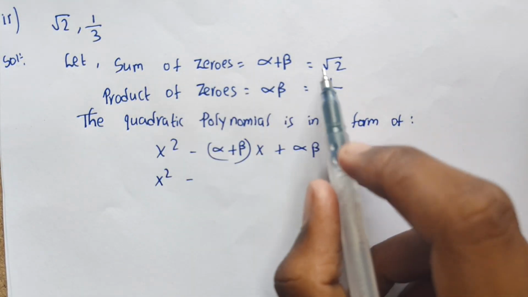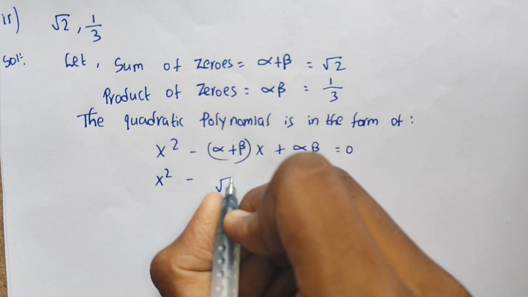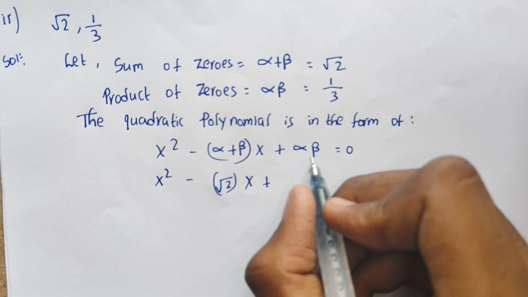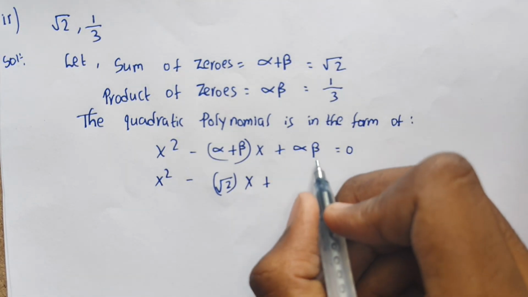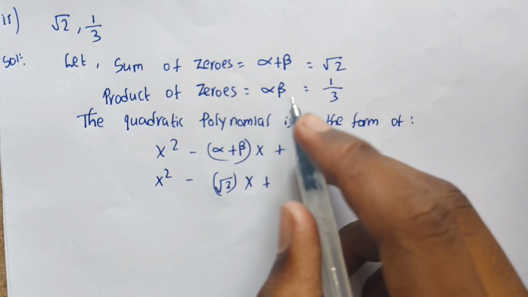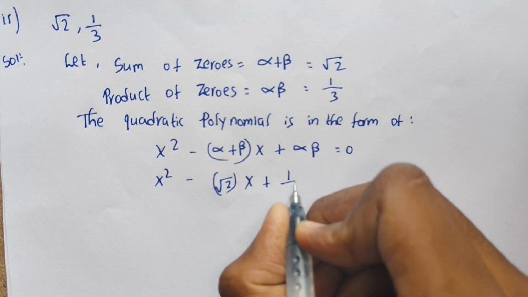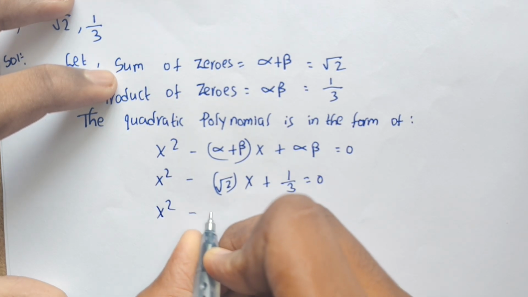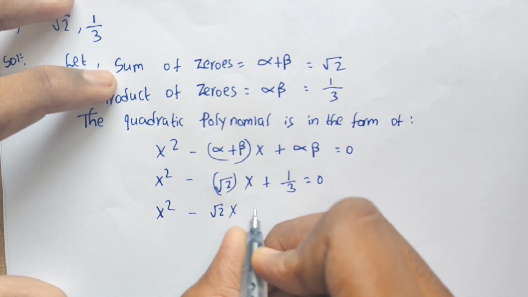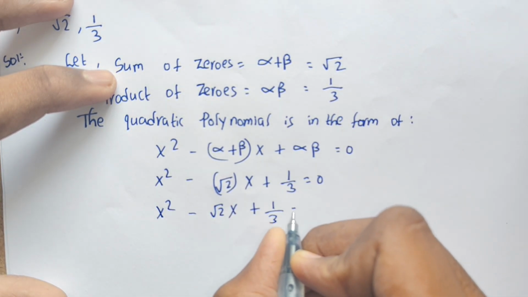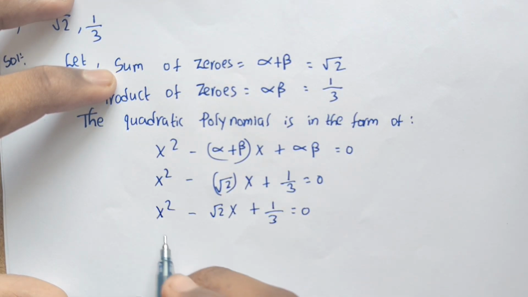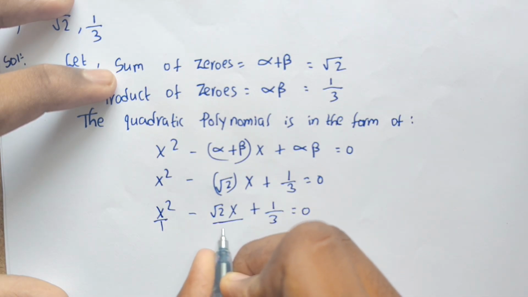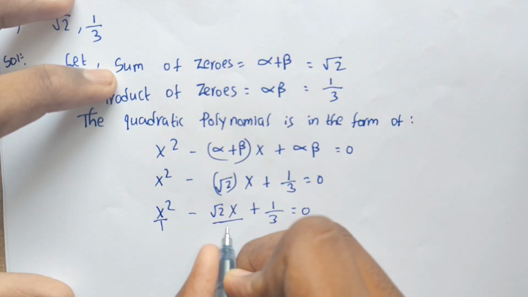It means the sum of zeros, square root of 2, into x, plus alpha into beta, which means the product of zeros, 1 by 3, equals 0. So x square minus square root of 2 x plus 1 by 3 equals 0. There is 1 for x square and minus square root of 2x over 1.